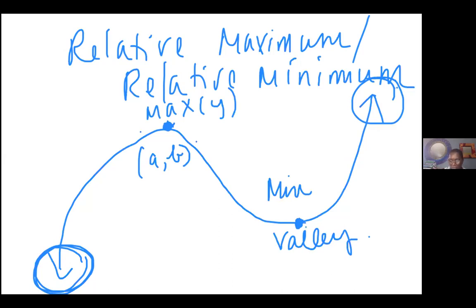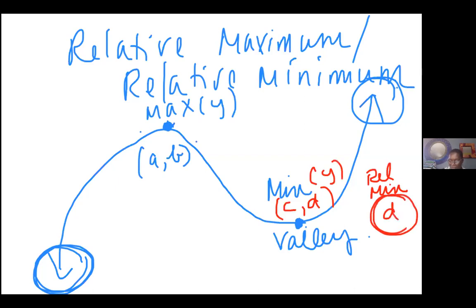So if this coordinate point right here were at, let's say, (C, D), if they were to ask you what is the relative min of this graph, the relative min would be the y value at that point, and so that would be D. So there's a relative min at D. So bottom line, relative min has to do with the lowest points on the graph in relation to the points around it. Relative max has to do with the highest points in relation to the points around it.